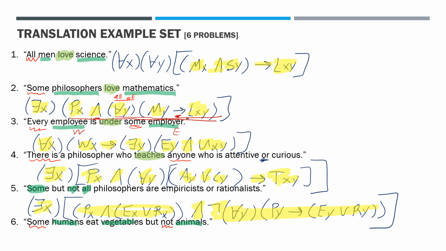Okay, so some humans eat vegetables, but not animals. All right, so there exists some X such that, okay, so we need 2 more variables, Y and Z, and we'll treat them as universal. So we'll say for all Y, for all Z.